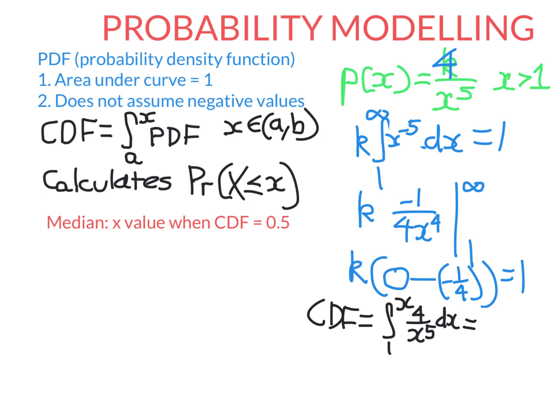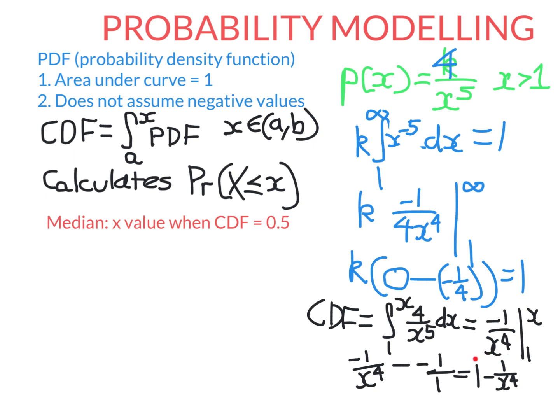They will cancel out, and we get negative 1 on x to the power of 4, evaluated between 1 and x. If you evaluate this at x, it just stays the same thing. So it'll be negative 1 on x to the power of 4, and then you subtract when x is 1, you get negative 1 over 1. We can simplify this as 1 minus 1 over x to the power of 4.